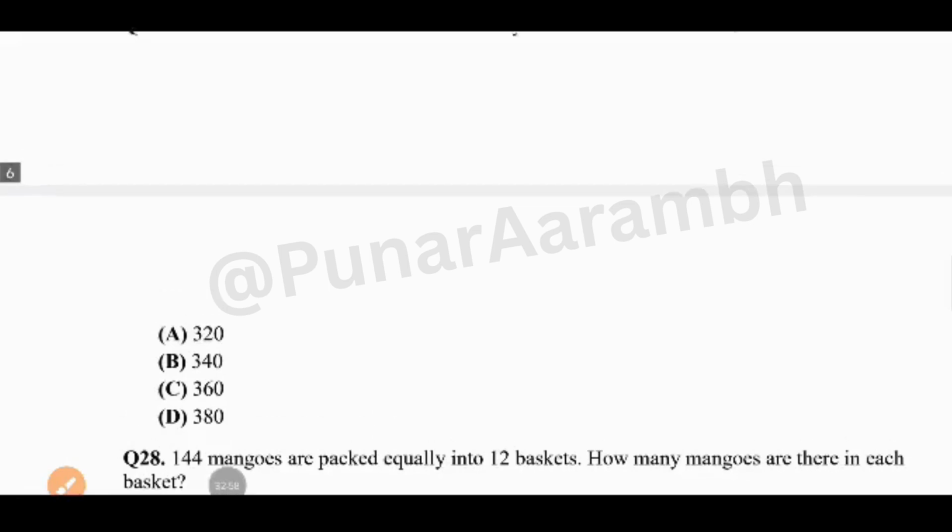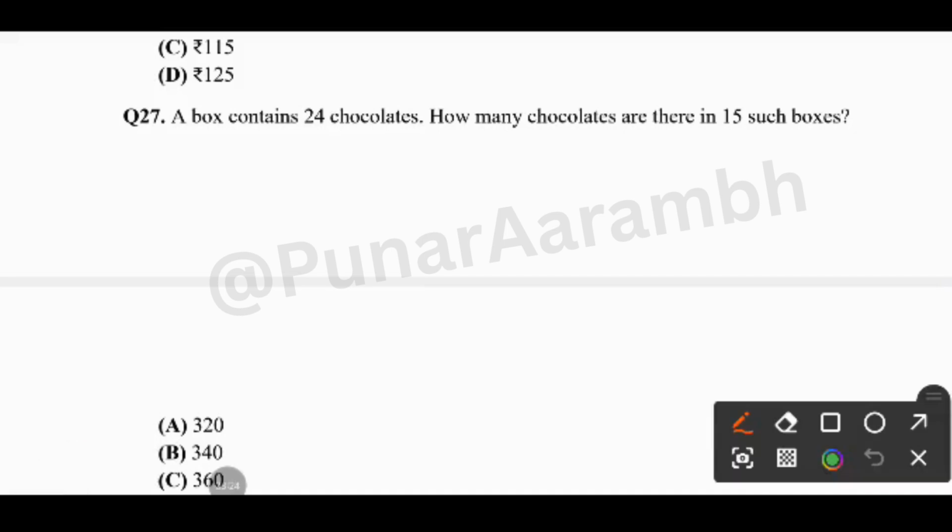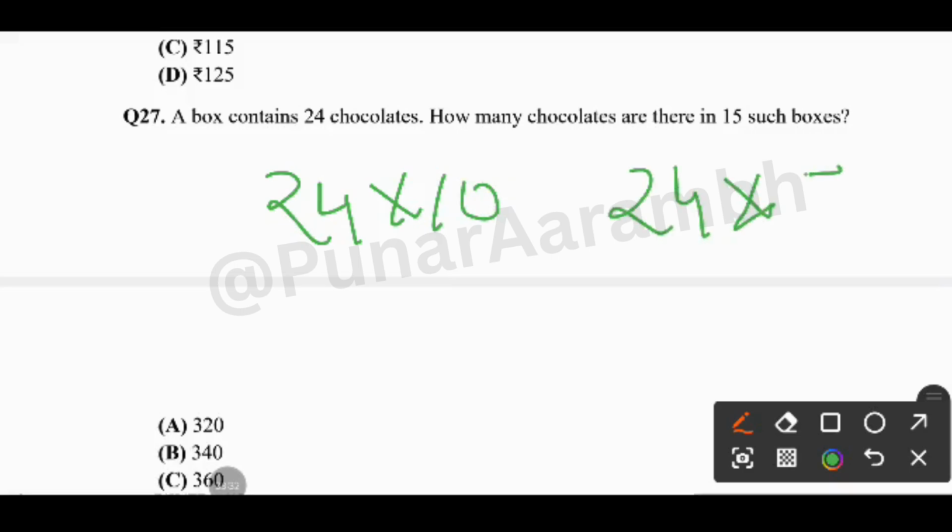Those who know, please solve it. Others, please see. We will multiply 24 with 15. Instead of multiplying this long way, what you will do in the easiest way is break it: 24 multiplied by 10, and 24 multiplied by 5.